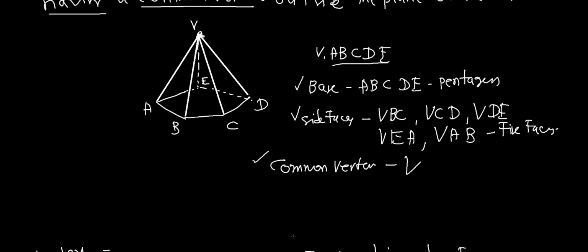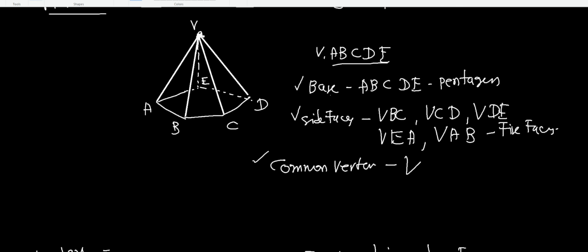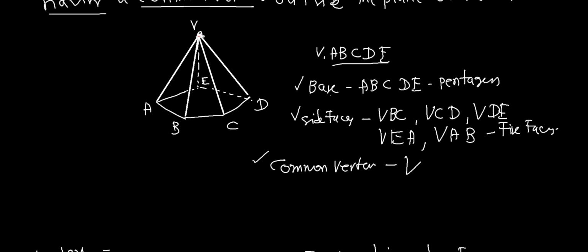So in this figure we have this point as common, and we name it vertex, and we name it as V. This is common to all triangle faces of the pyramid.